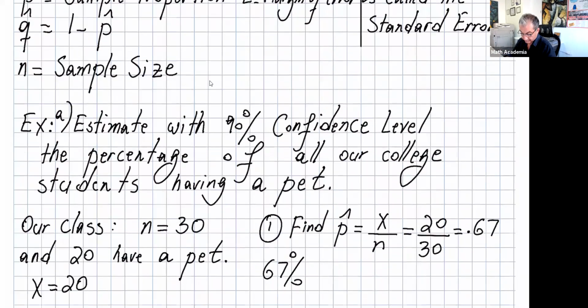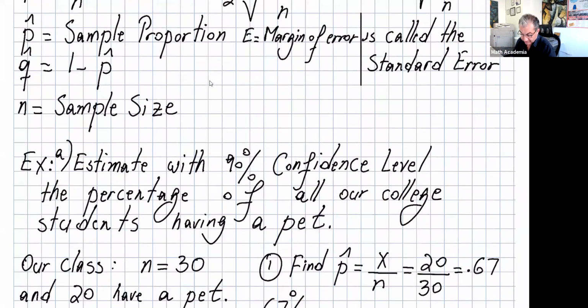I put an example here. I said, estimate with 90% confidence level the percentage of all our college students having a pet. In our college, we probably have 20,000 students, and I wonder what percentage of those students have a pet.